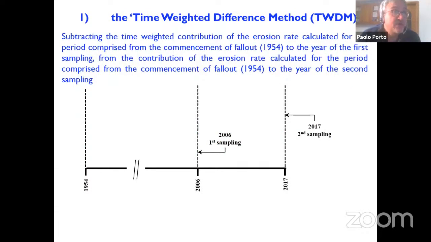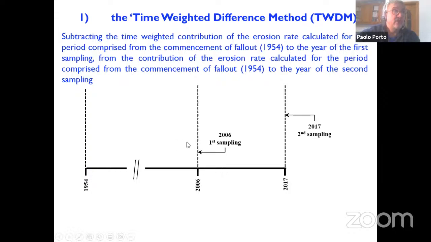So to summarize what we did in those plots with cesium-137, we can use this scheme here. And you can talk about this approach, which is a resampling approach, type 1, called the time-weighted difference method. What does it mean? Let me give you a simple explanation. We did the first sampling campaign in 2006.